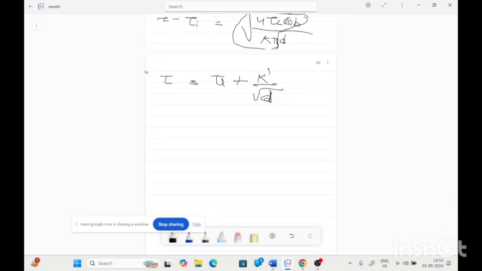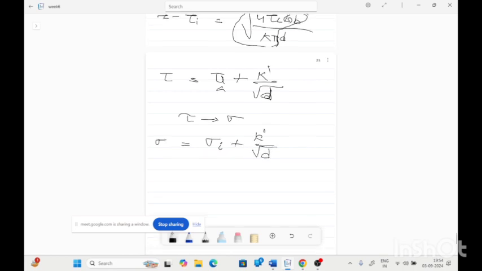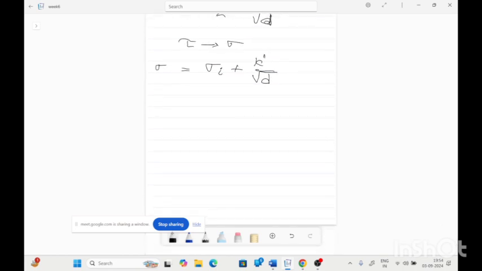If we change the shear stress to principal stress, then this equation can be written as sigma equals sigma_i plus k dash over square root of d. So here k dash is the square root of 4 tau_c G b by k pi.